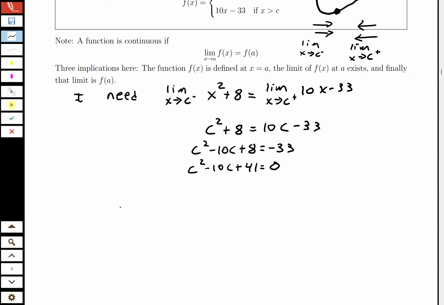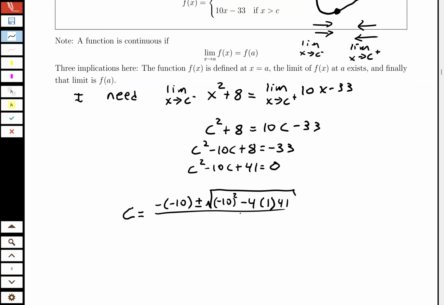The quadratic formula says that the values we're solving for, c in this case, will be negative b, that's negative 10, plus or minus the square root of b squared, that's negative 10 squared, minus 4 times a, which is 1, times c, which is 41.